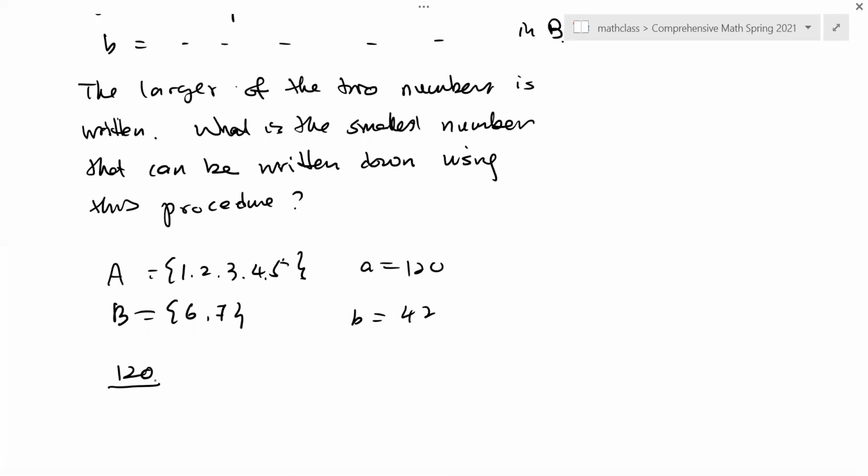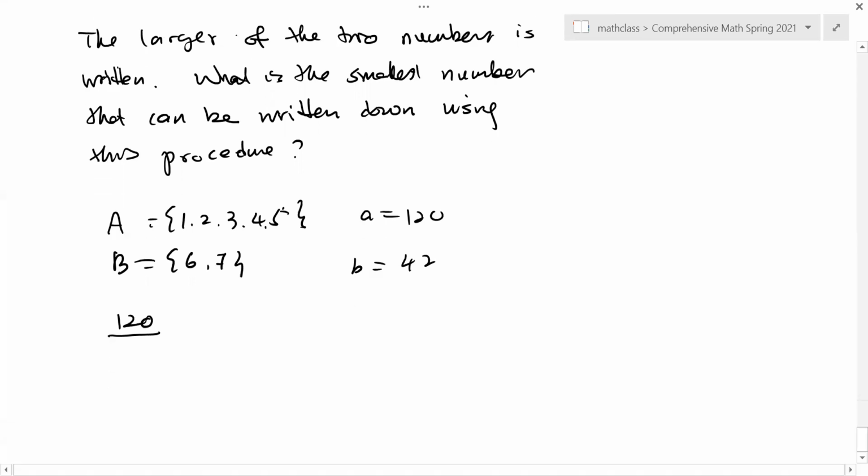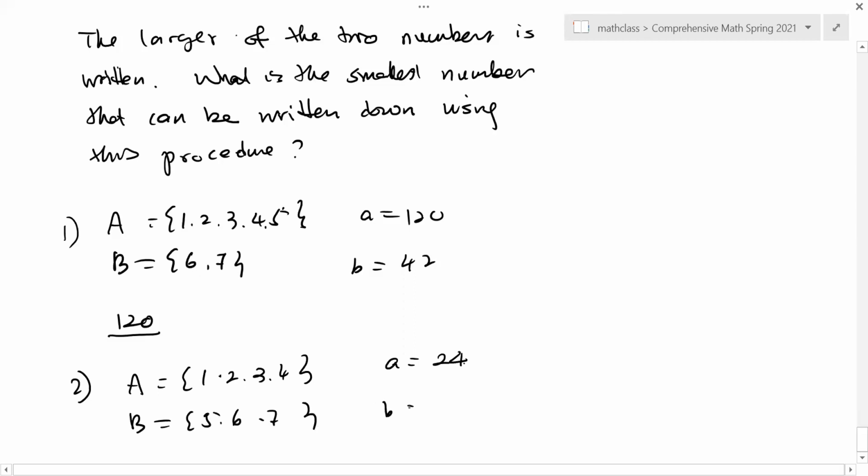And then you try a different case. You want to make this number smaller, right? That's the first one. And then you look at another case. A is 1, 2, 3, 4, and then B is going to be larger, 5, 6, 7.